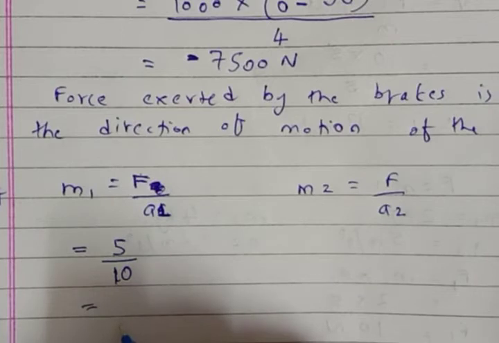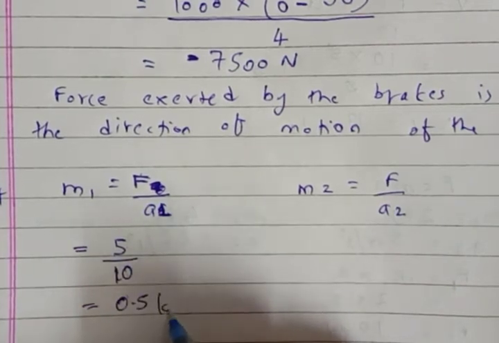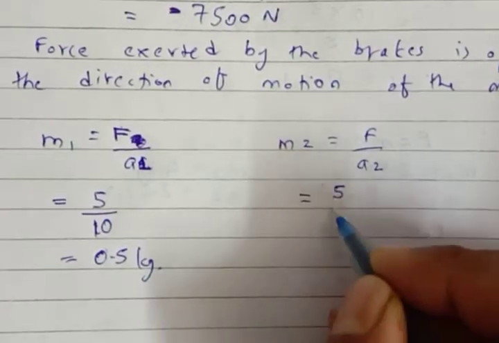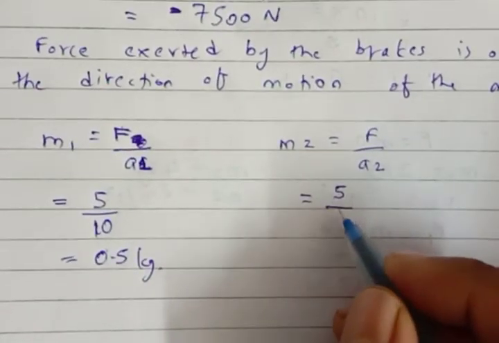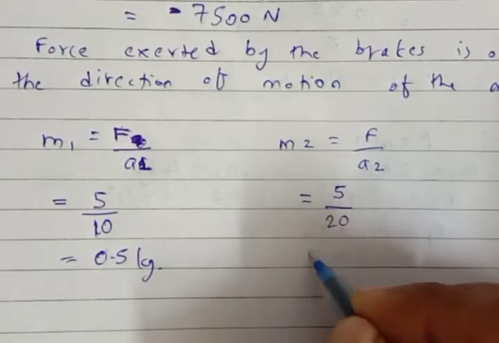So what will be the mass 1? It will be 5 divided by 10. It is 0.5 kg. And in this case the F is the same. Acceleration 2 is how much? It is 20.